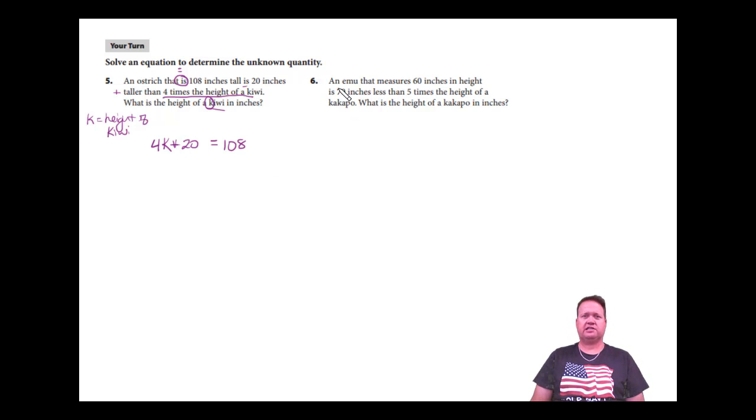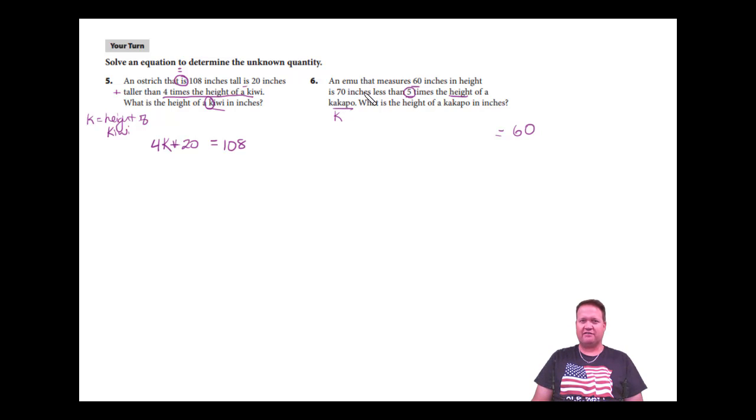Let's take a look at number 6. An emu that measures 60 inches in height. Well, that's it, is that measures, that's its total. So an emu is this tall, but it says it's 70 inches less than 5 times the height of a cockapoo. I think that's what that is. 5 times the height of a cockapoo, let's call that K as well.